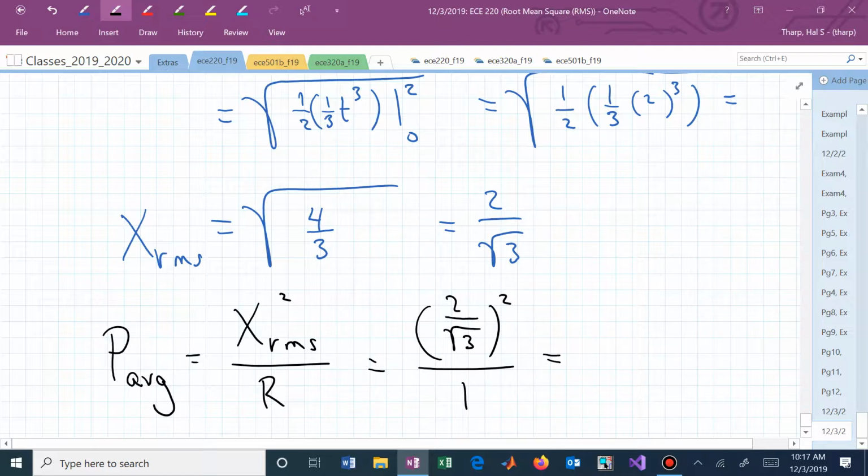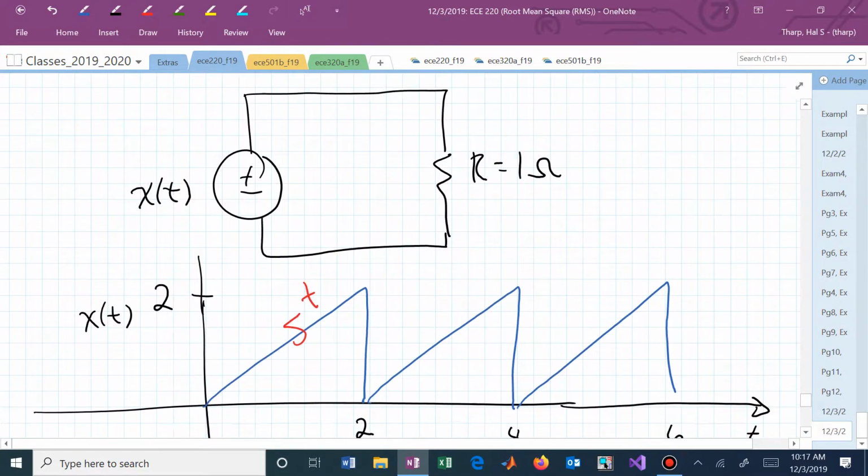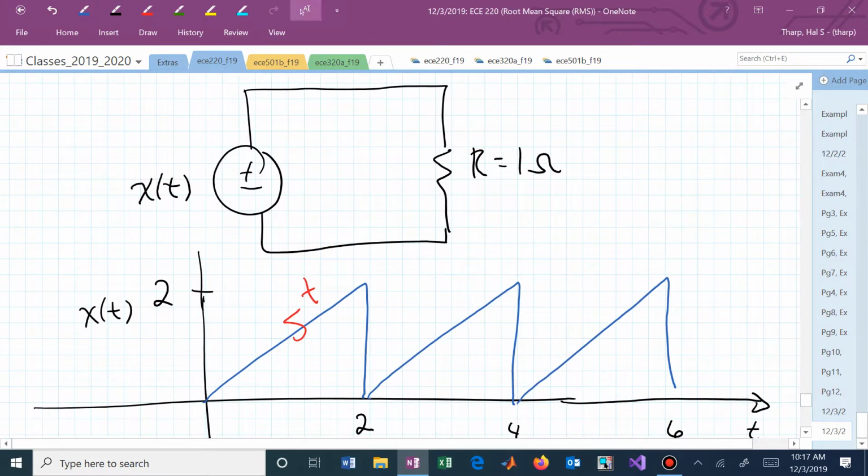We're squaring that, so now we have 1.33 watts for the average power of that resistor when that resistor is excited or driven by this triangular wave shape. So the computation of the average power wasn't that challenging once we found the RMS value for that periodic function.